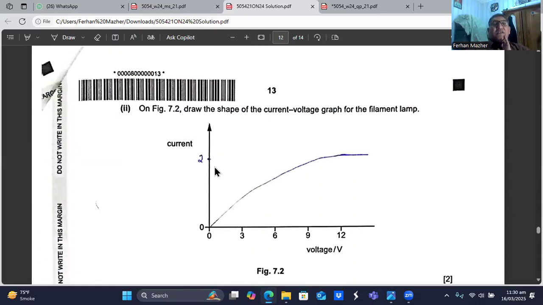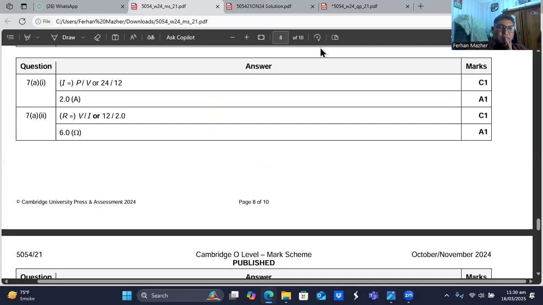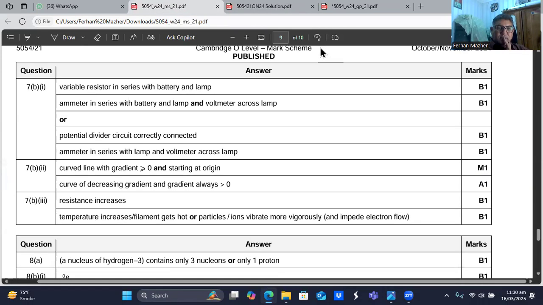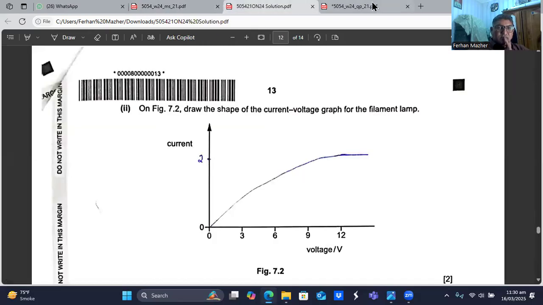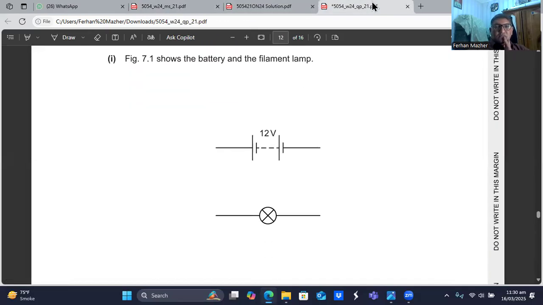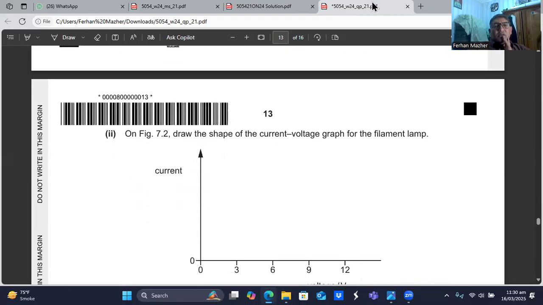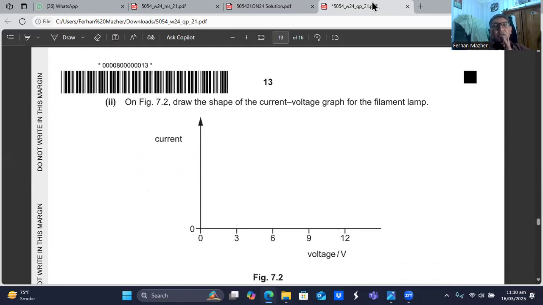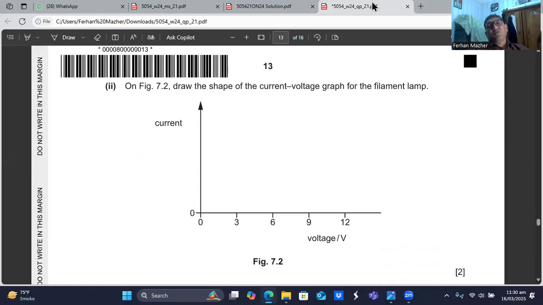Then he says, on figure 7.2, draw the shape of the current voltage graph for the filament lamp.